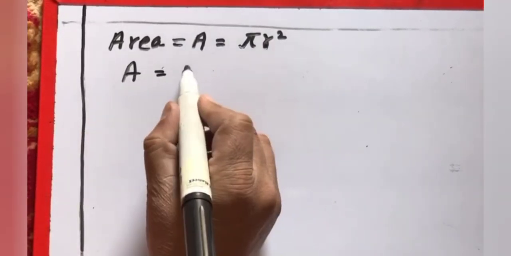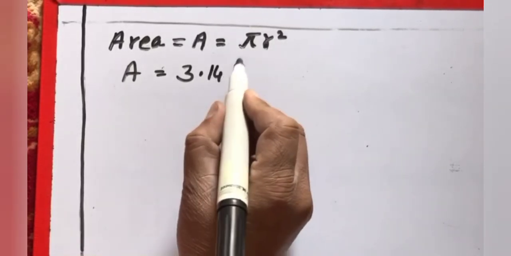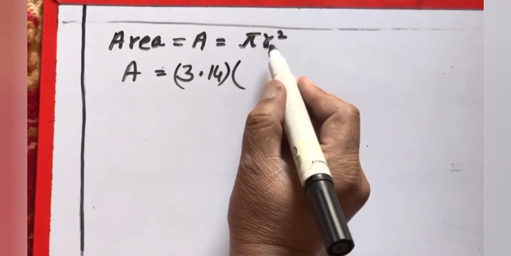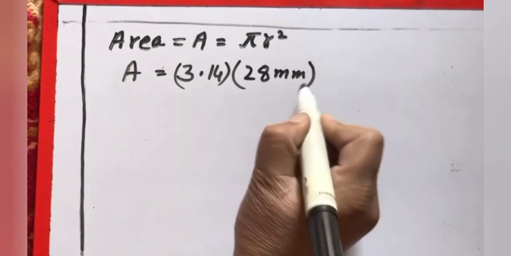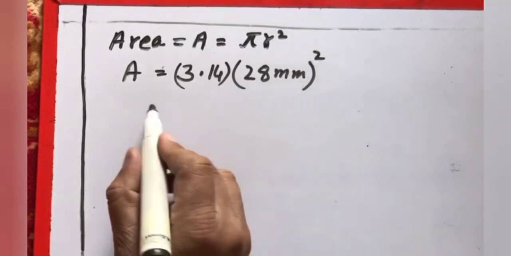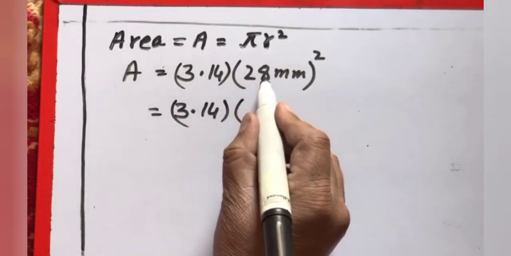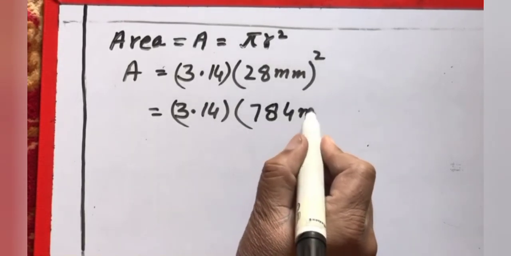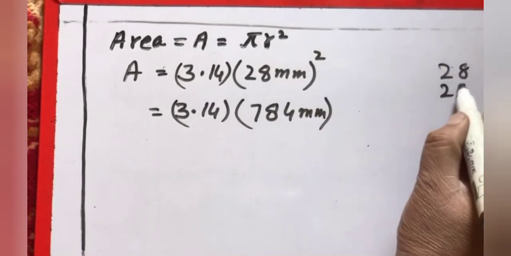By putting the value of pi, which is 3.14, into, by putting the value of r, which is 28 millimeter, by taking the square, we will have 3.14 into, by taking the square of 28, we will have 784 millimeter. You can find the square by multiplying 28 by 28.